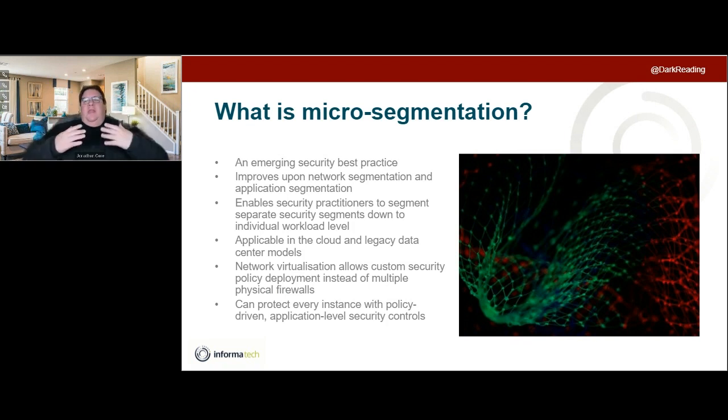It's become an emerging best practice. It's become something that we see on many levels. It improves upon network segmentation and actually allows us to reach up to the application layer as well. As security practitioners, we get this ability to create separate security segments right down to the individual workload level, which is tremendously powerful.